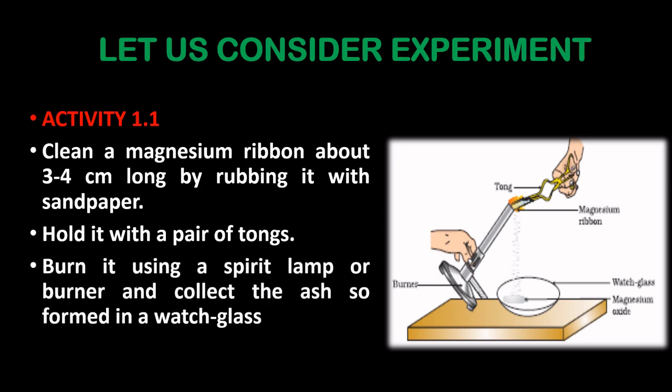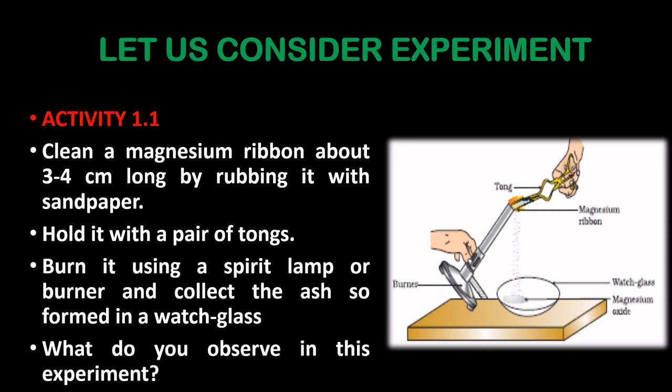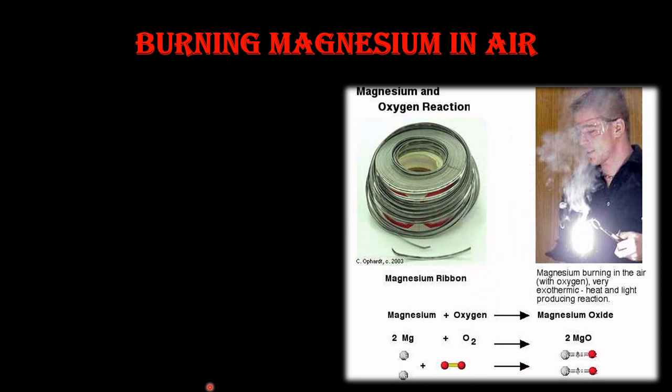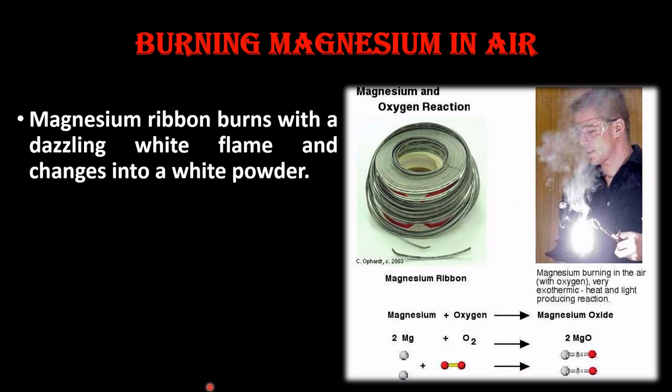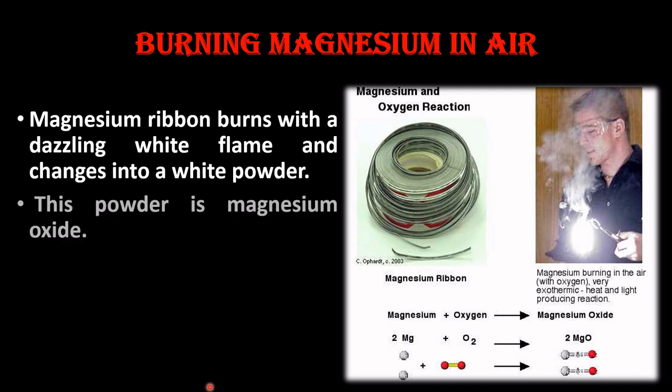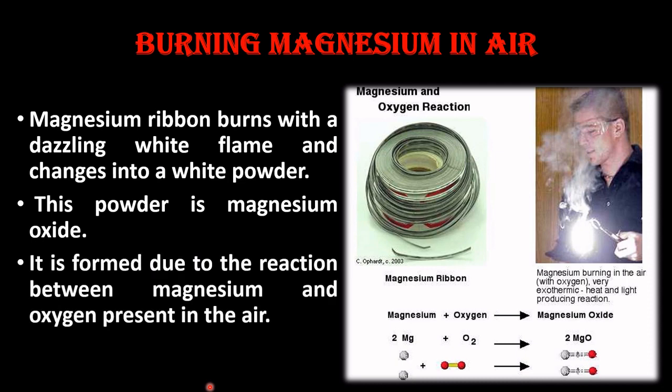Burn it using a spirit lamp or burner and collect the ash so formed in a watch glass as shown here. What do you observe in this experiment? Magnesium ribbon burns with a dazzling white flame and changes into a white powder. This powder is magnesium oxide. It is formed due to the reaction between the magnesium and the oxygen present in the air.